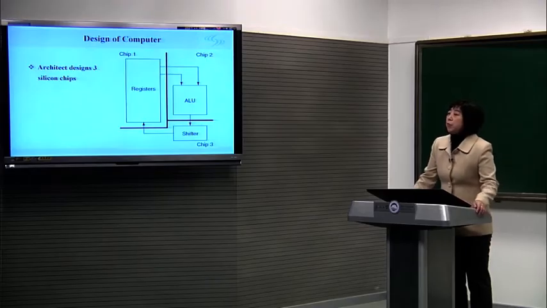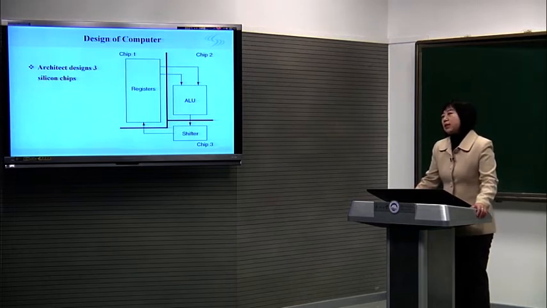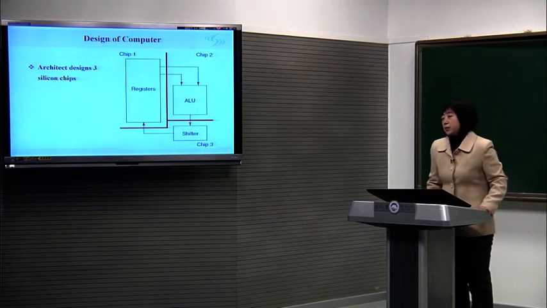Before we discuss the design of software, let's take the analogy of the design of a computer. For example, a great architect designs 3 silicon chips of a computer in this way. There's a chip for registers, another chip for the ALU, and one more chip for the shifter. We know that this design is very good, and surely the current computer is really made this way.